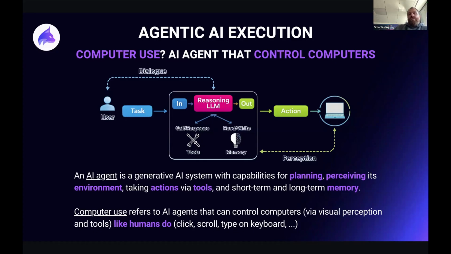Computer use is a particular AI agent that can control the computer because it has a visual perception, so it can see your screen, and it has tools, and it will do like a human would do. It will click, it will scroll, it will tap on the keyboard, and so on. Our idea is to use this to execute the tests.